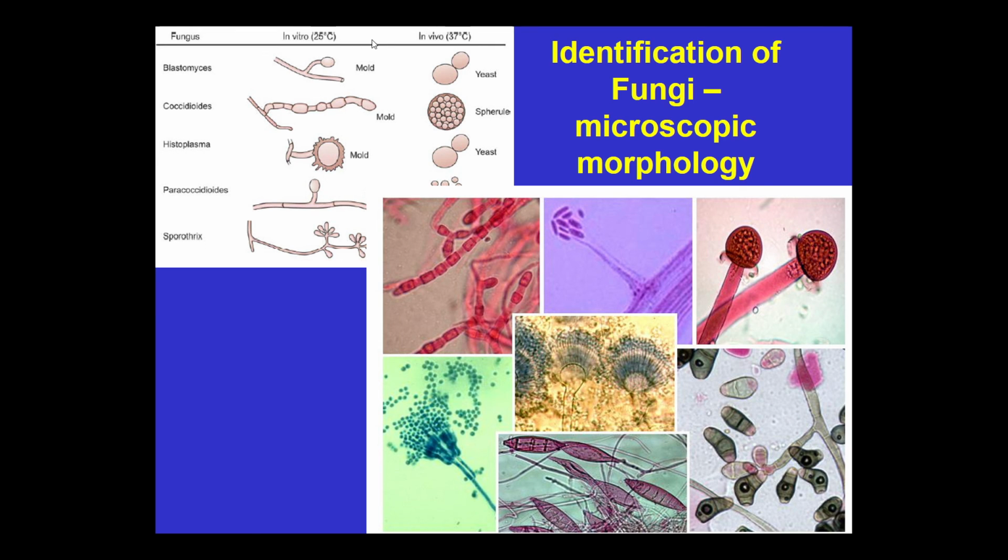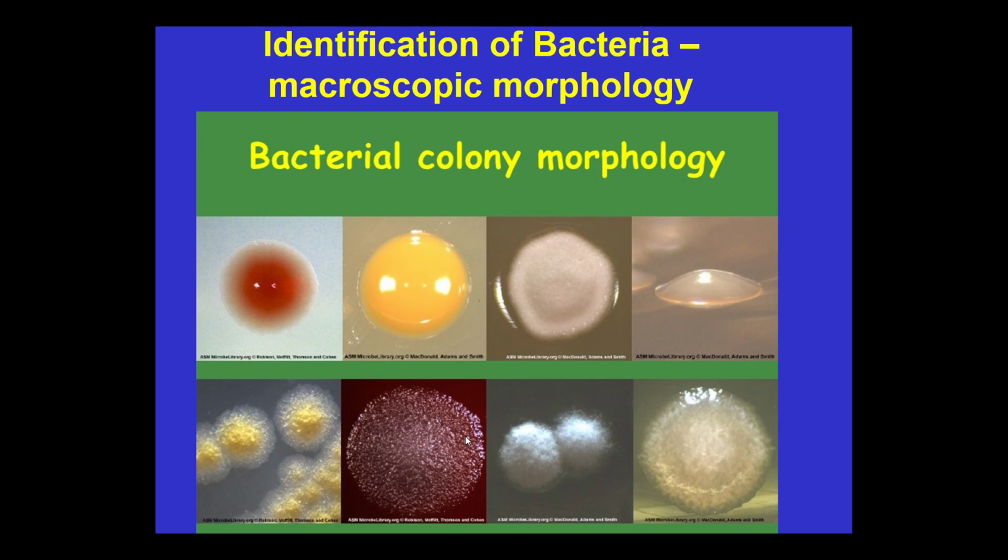We also may see the shape of the fungi, and microscopy is more important for fungi identification than for bacterial identification, because fungi also may form some reproductive structures that are specific for particular types of fungi, and even fungal spores may be used for identification.